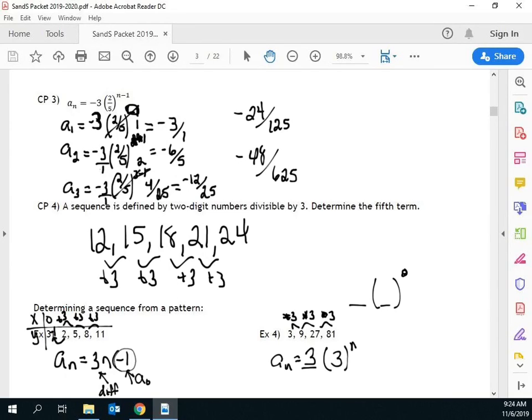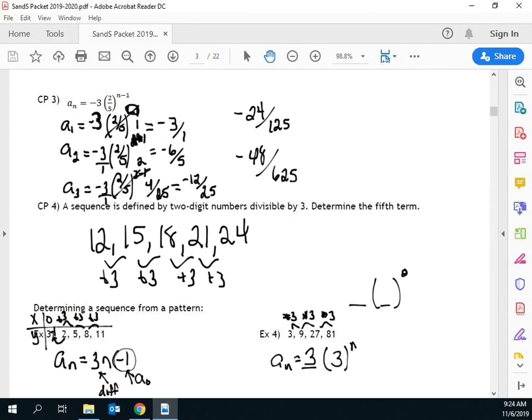If I use that as a power, that means I'm multiplying by 3 one more time. Going from second to third, I'm multiplying by 3 one more time, because I've increased by 1 term number. I went from 2 to 3. Now I'm not squaring 3 anymore, now I'm cubing 3. Fourth term, I'm raising 3 to the 4th power. Fifth term, raising 3 to the 5th power, and so forth and so on.